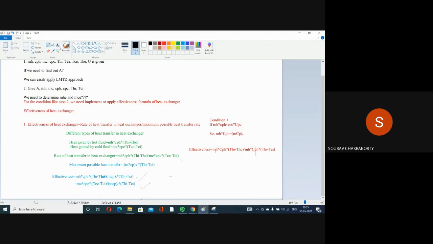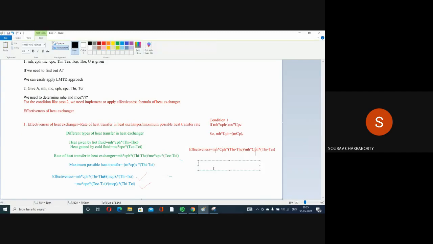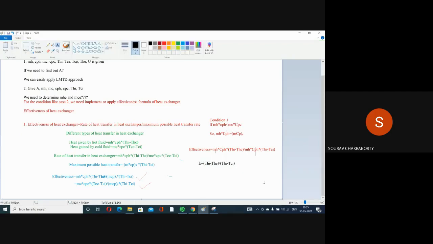We will have effectiveness, we write it as E. Effectiveness will be equal to (THI minus THE) divided by (THI minus TCI). So if your condition is like this, your equation will be like this.